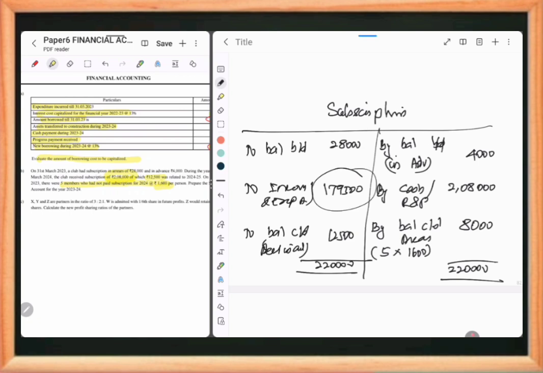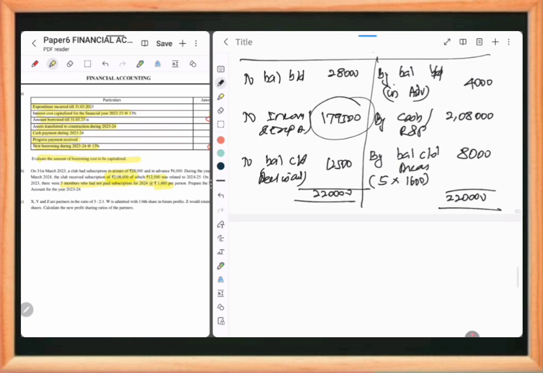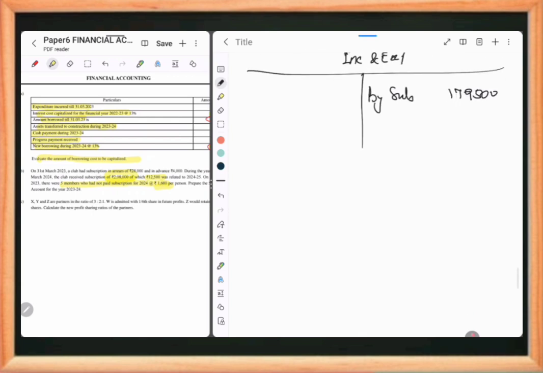On the income and expenditure account, by subscription, 1,79,500. Understand? That's all.